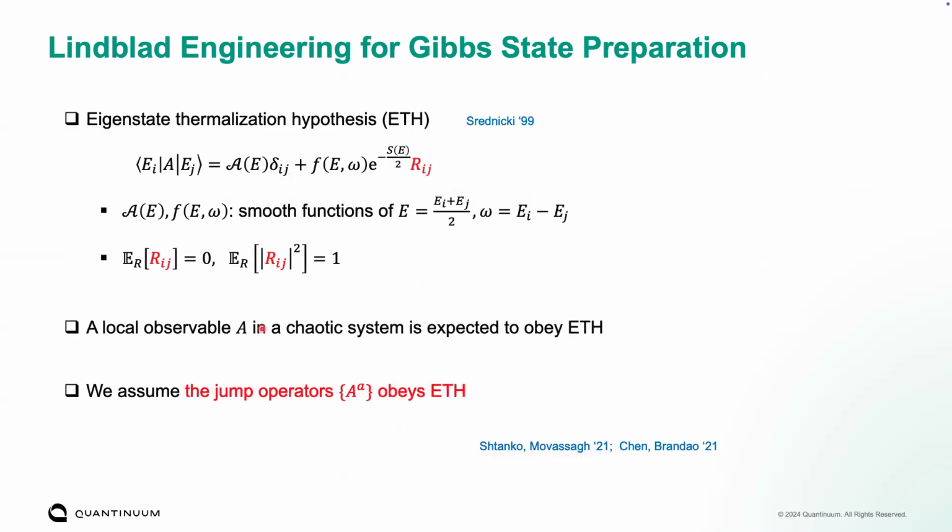So now, what is commonly used in the context of physics, especially when the system is chaotic, is what is called the eigenstate thermalization hypothesis, which models the behavior of operators in a chaotic system. So we want to adapt this ETH, assuming that the system of interest is chaotic, and then see what we can do to simplify the protocol.